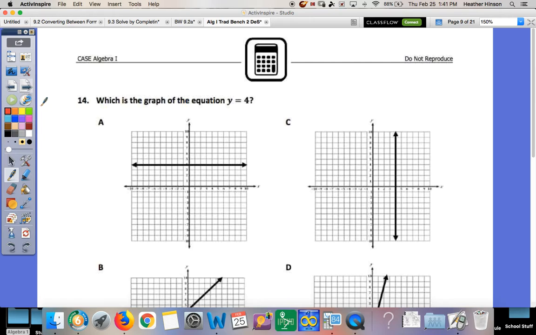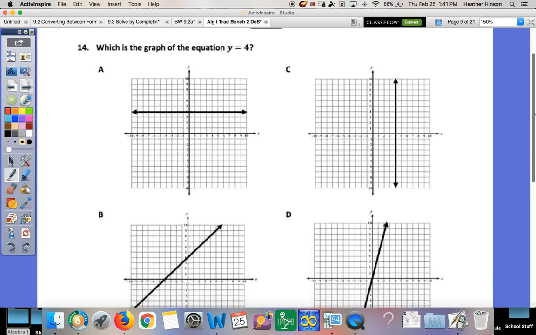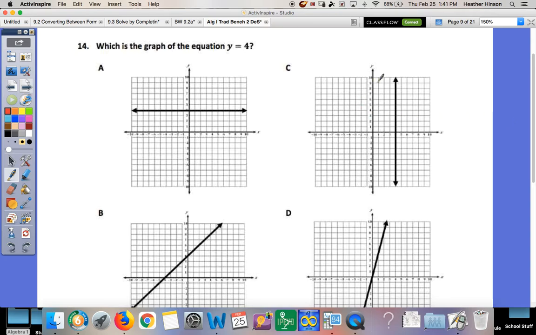Okay, 14. Which is the graph of y equals 4? So you have 2 options on this. If you remember, we gave you a little anagram to remember, and we called it Hoy-Bucks. So Hoy stood for horizontal lines, have a 0 slope, and those are just y equals a single number.